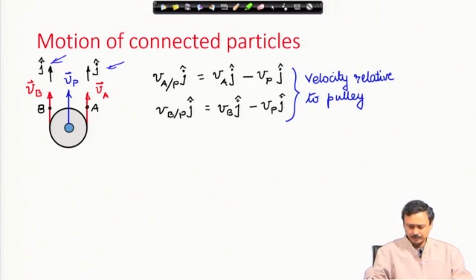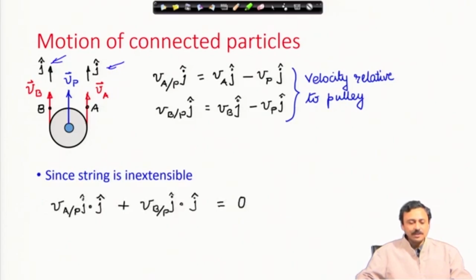So, these are the velocities of points A and B relative to the pulley. Now we use our constraint condition that the length AB, the curved length of the string, remains fixed. It is an inextensible string.